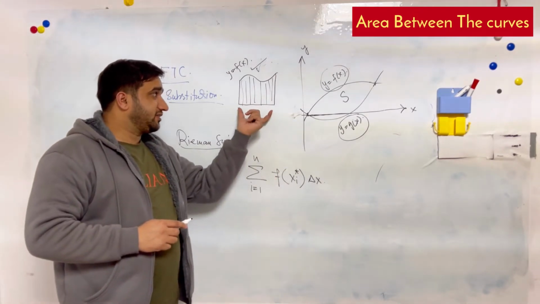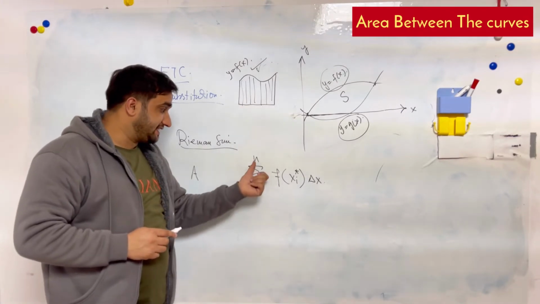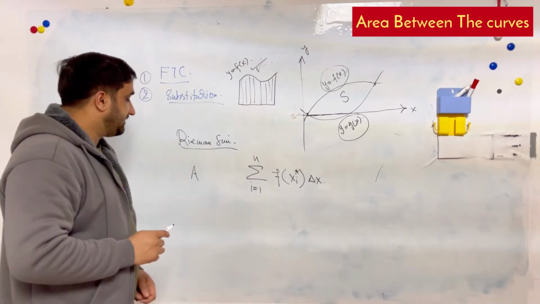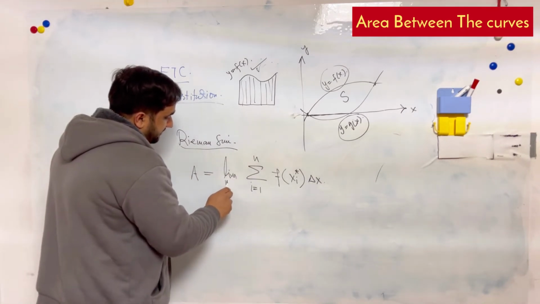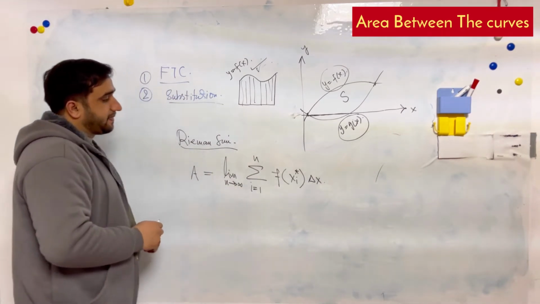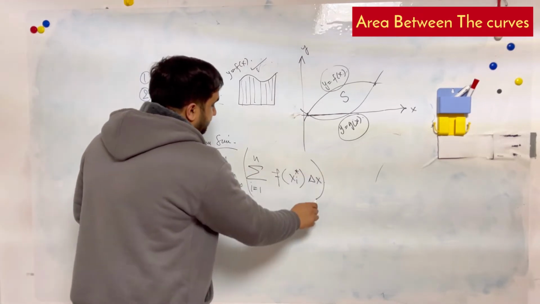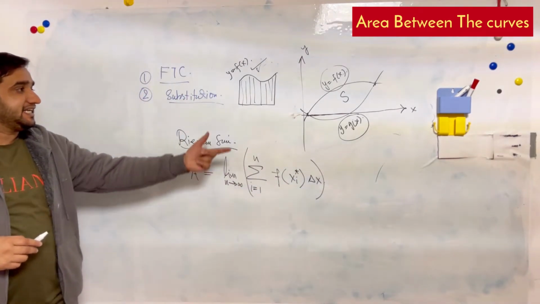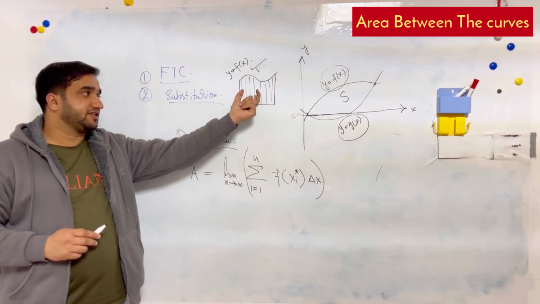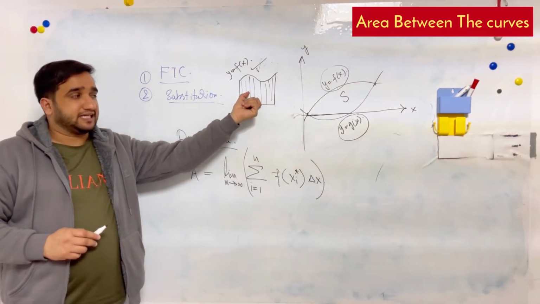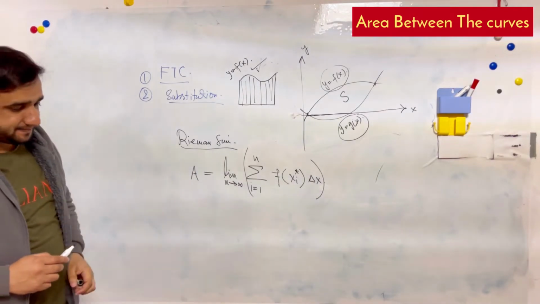And to calculate the total area, we say that this n should approach infinity. The total area will be the limit of the Riemann sum, limit n approaching infinity of this whole thing. So this gives us the area under this curve for all the slices combined together, and we are assuming that there are infinitely many slices.